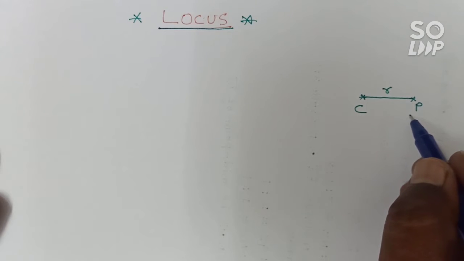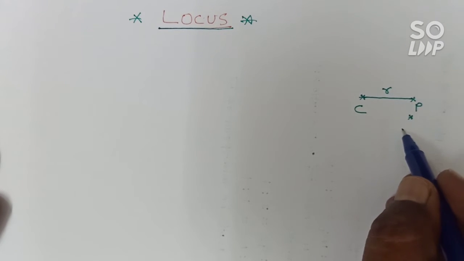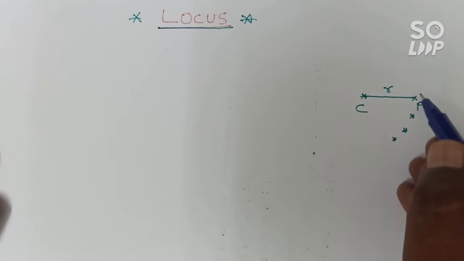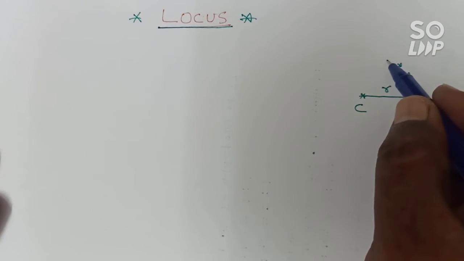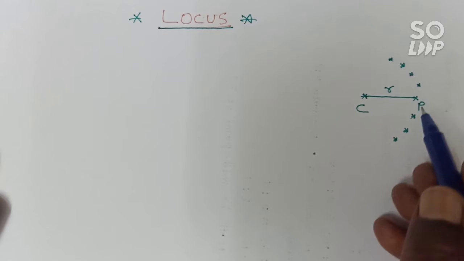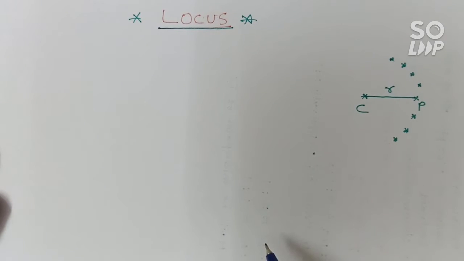Infinite number of points. So here one point, here one point, and so on around this point C, infinite number of points will exist.